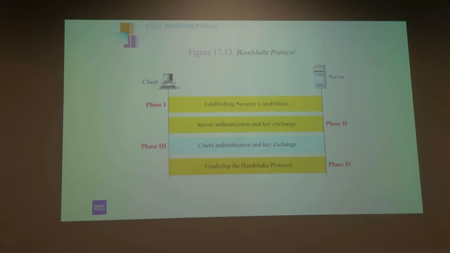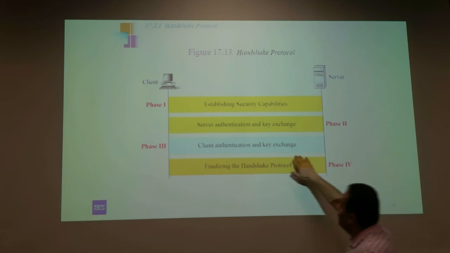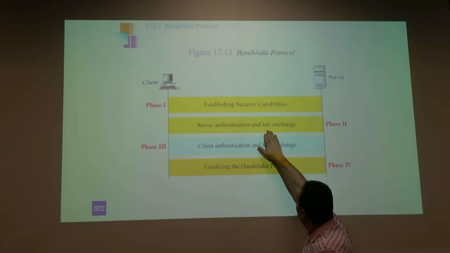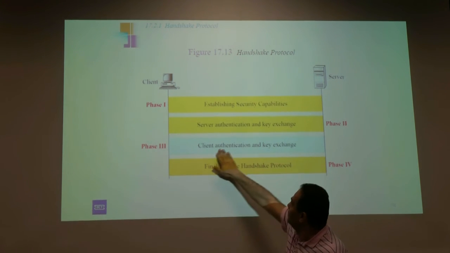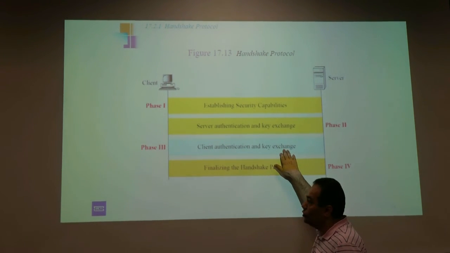That's true, it has to authenticate the client, but we always have to authenticate the server too, to make sure it's a valid server. So the client needs to authenticate the server, and the server has to authenticate the client. That's what we do in these 2 steps: server authentication and key exchange, and here client authentication and key exchange.